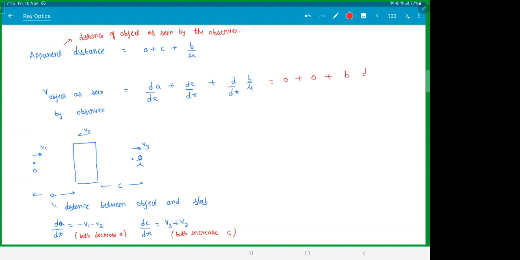So this will be B d by dt. Mu's value is how much? 1 by 1 plus t's differential. So minus 1 by 1 plus t whole square. That's your velocity. Minus indicates it is actually going away from the observer. The distance is decreasing. It's coming minus v by 1 plus t square.